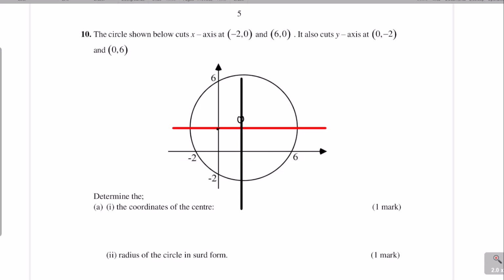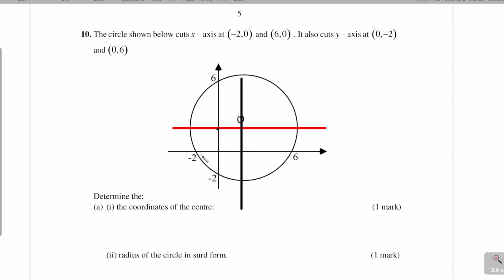So how will that help us to obtain the coordinates of the center? This is how it will help. Remember that if this is the center of the circle, and this is the midpoint of this chord, the x-coordinate of the midpoint of this chord will give us the x-coordinate of the center of the circle.